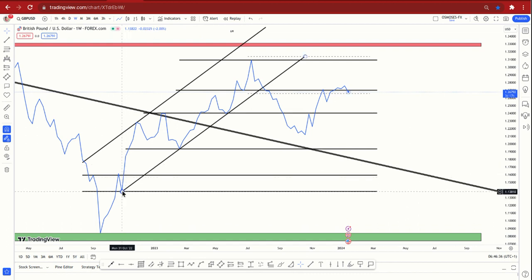First correction touch, second correction touch, third correction touch, then this should fail because we only have one correction touch at the top. This line should fail. So when this line fails, we are expecting a retracement back into this support and resistance zone. In this zone we have sell setups limit waiting.